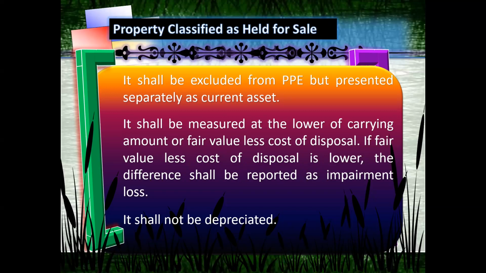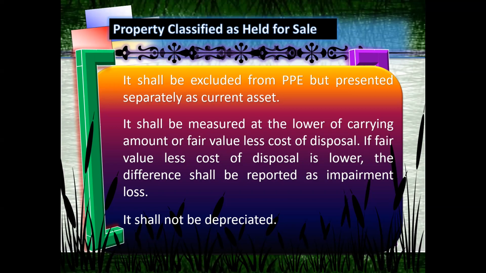For this particular type of asset na naka-held for sale na kasi they intend already to sell the property, then ang sabi dito, it shall be excluded from PPE but presented separately as current assets. So tanggalin na talaga siya sa property, plant, and equipment.